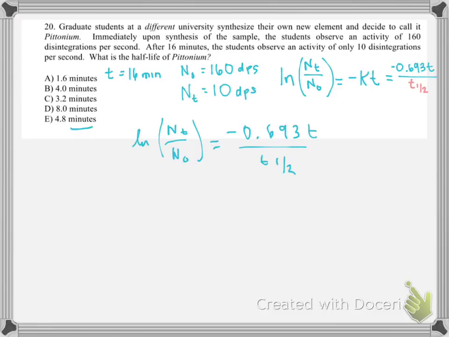So we'll have the natural log of 10 disintegrations per second divided by our initial 160 disintegrations per second.